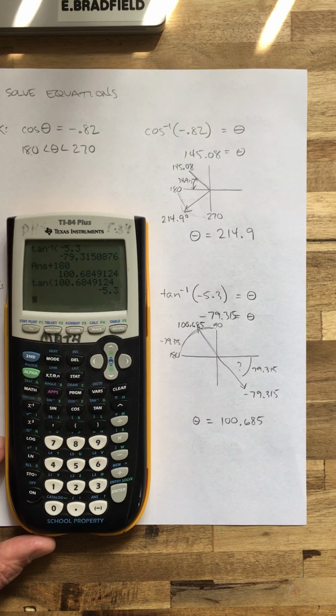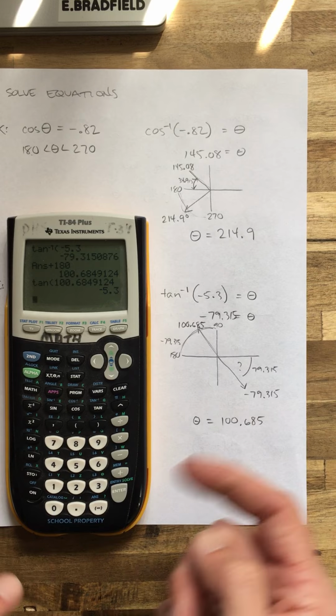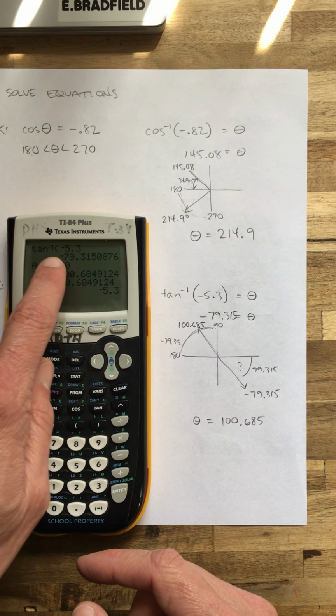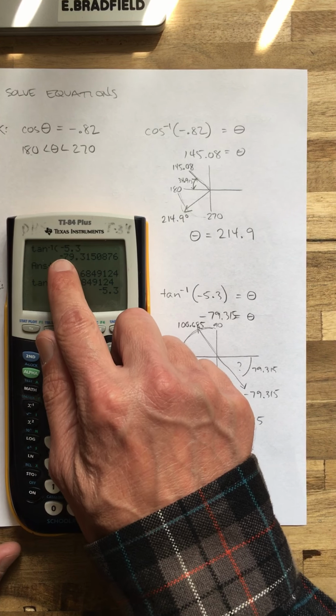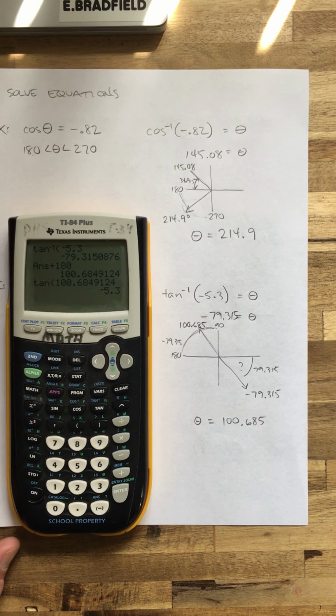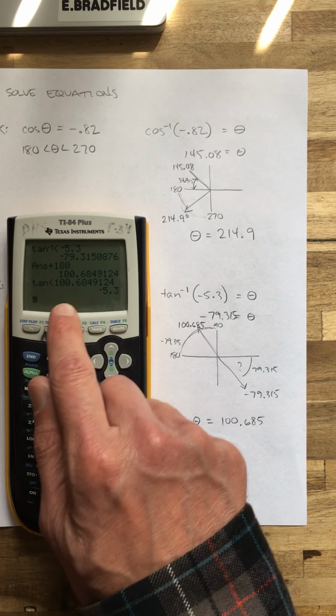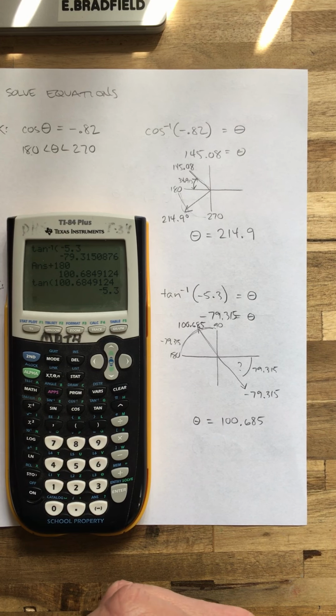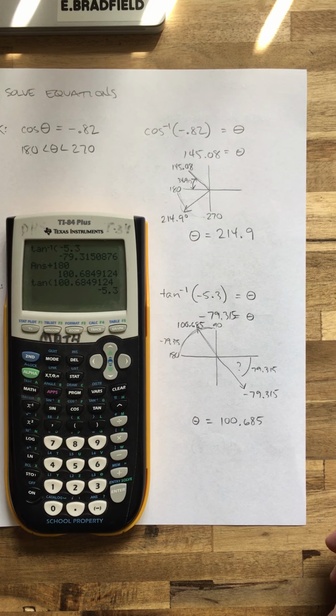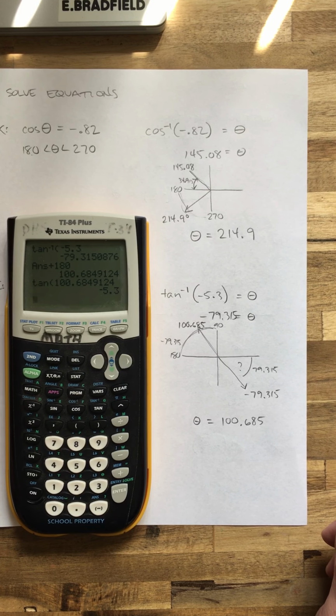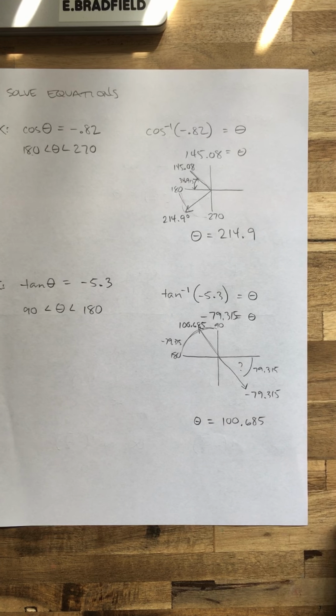Negative 5.3, just as predicted, okay? But going backwards, remember, if I take the inverse tangent of negative 5.3, it will only give me negative 79 degrees. That doesn't mean that negative 79 degrees is the only angle that will give you that ratio. 100.685 will give you that ratio if you take the tangent of it, okay? So that's just some insight into how your calculator works.